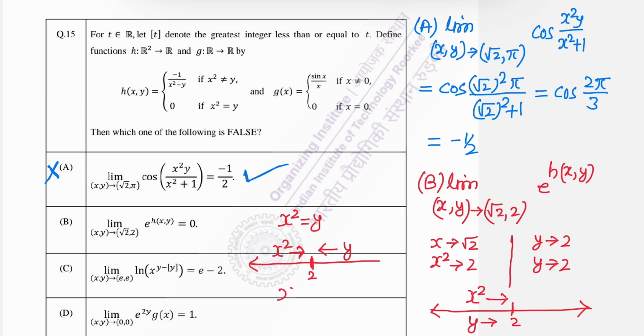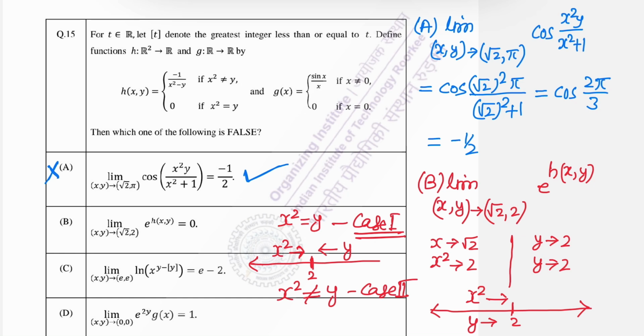In this case, x square will never be equal to y. So we have two cases. Here is case 1 and here is case 2. So we have to work in both the cases.